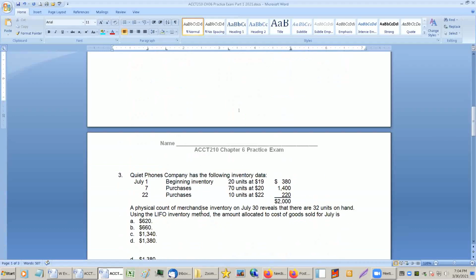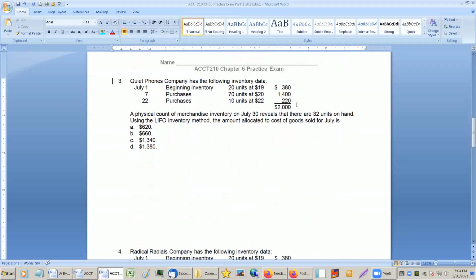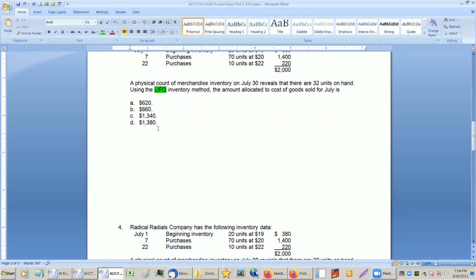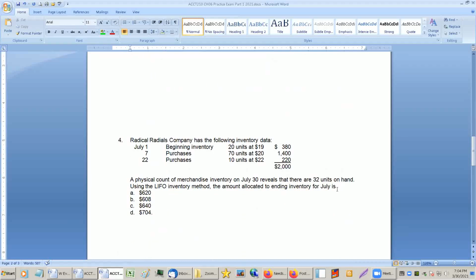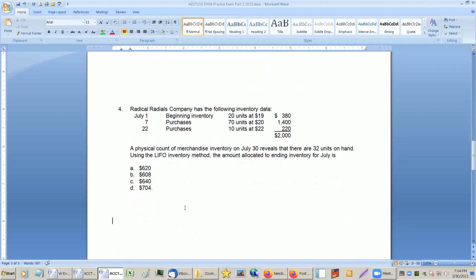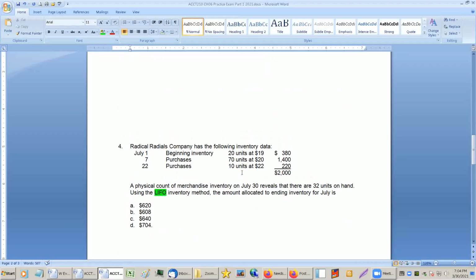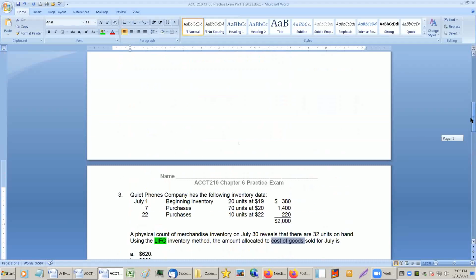And then on 3 and 4, I apologize for the spacing on these. They're using the LIFO method, and they're asking for, again, the cost of goods sold. Did I do this right? I didn't.